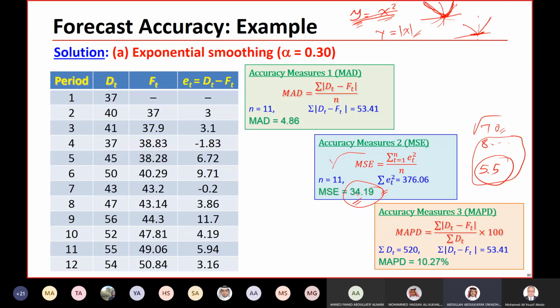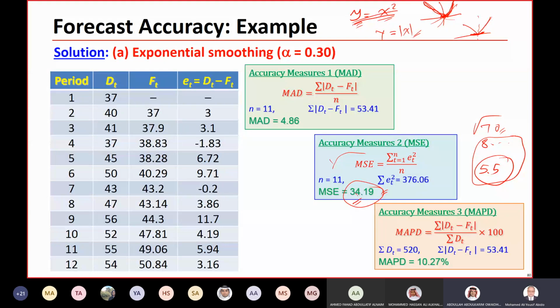For the 34, it doesn't make sense because we squared it. So we have to take the square root back so we can see a real difference. Do you see what I mean? You will take the square root of 34, because we squared the change, which is one of the known ways of finding the error. But we have to take the square root again so we can make sense of the number. 34 does not make sense.